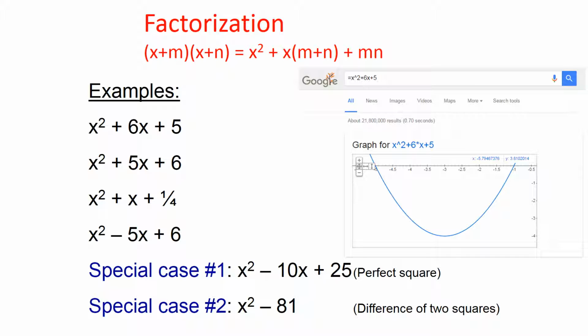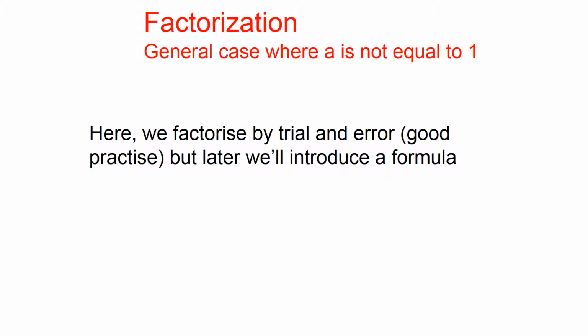So that's a special case of difference of two squares, where that number, the 81, is a perfect square in itself, a whole number squared. You don't have to know all of the squared numbers.